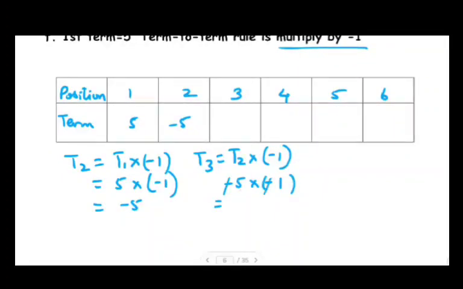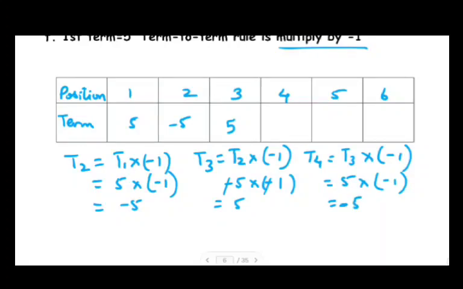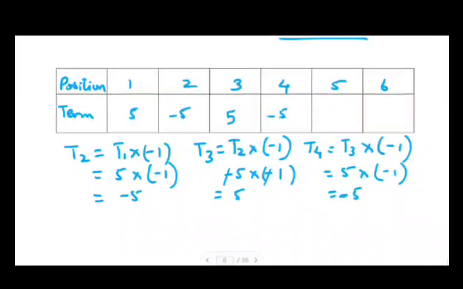Minus minus get cancelled, 5 into 1, 5. T4 is equal to T3 into minus 1, which is equal to 5 into minus 1, which is 5 into 1, 5, and a negative sign follows. So minus 5.